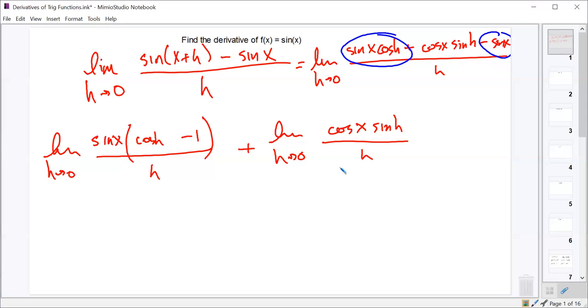Sine h over h. So could I separate this one into two different limits, one that's just cosine x and one that's sine h over h? Yeah. All right, well, let's do that. And that should be separated using multiplication, right?